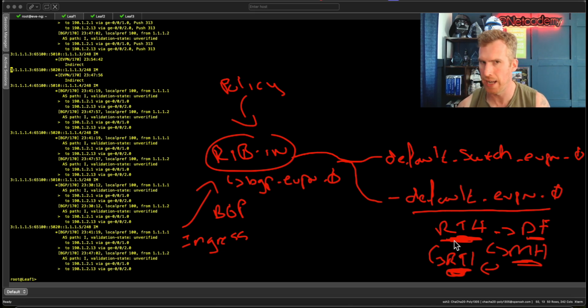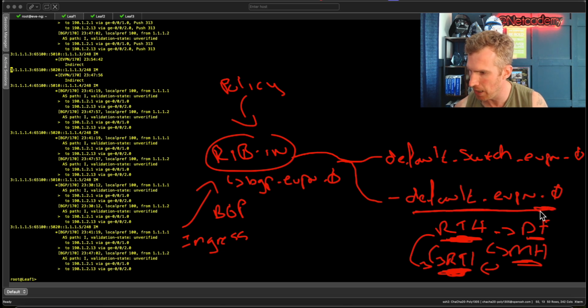But where does that host sit behind, i.e. what is that Ethernet segment identifier? Guess what? That's identified in route type 1. So yes, very complicated. As I said, EVPN is a big complicated protocol, but really the default.EVPN.0 table, or I should say the underscore table, is where you'll find your route type 4 and your route type 1.